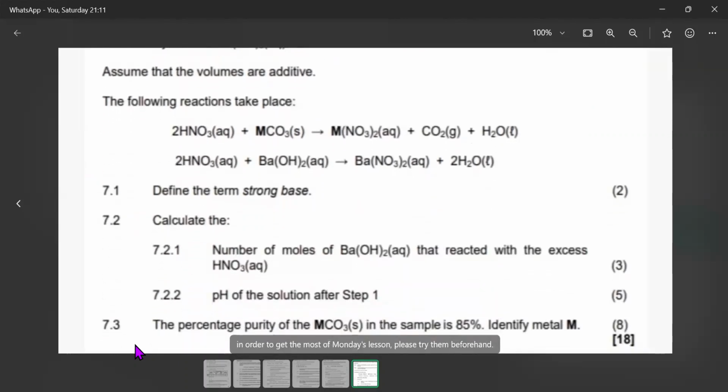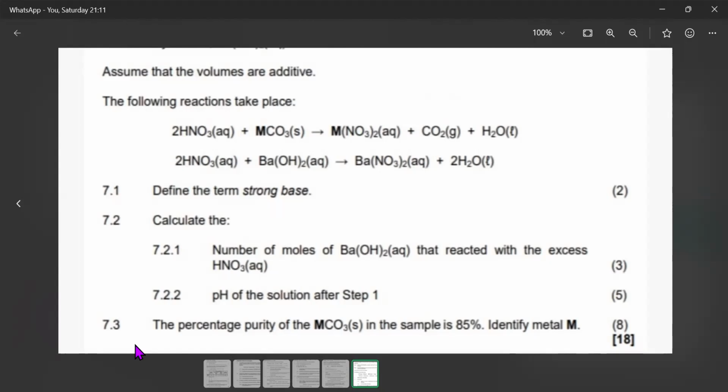Okay. Then the next question says we need to calculate the pH of the solution after step 1. And it's very important to understand this. After step 1, which means before we do step 2, right? Yes, after step 1, before we do step 2.